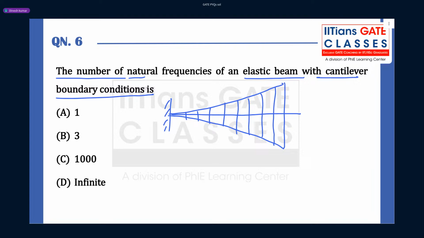So you need infinite degrees of freedom to define this system, and there will be infinite natural frequencies corresponding. So what is the answer? This question is from continuous system and D is the answer.